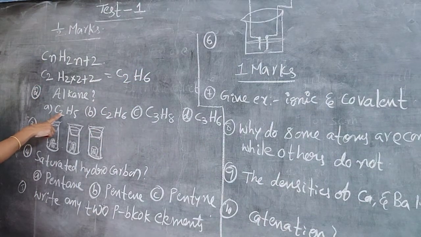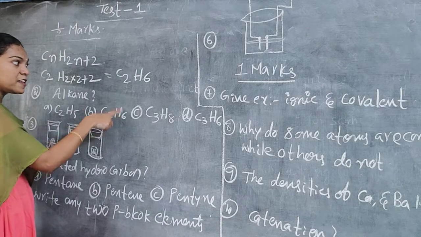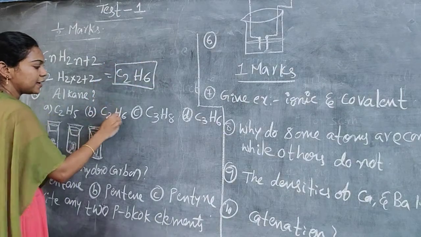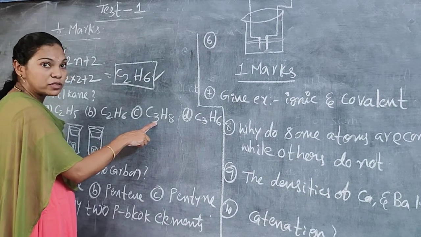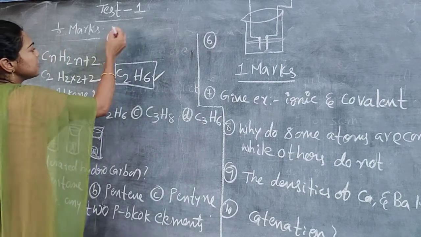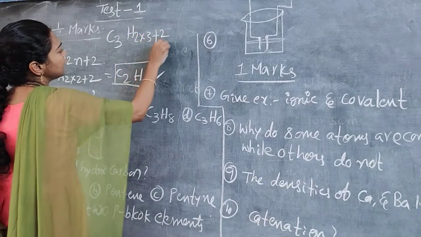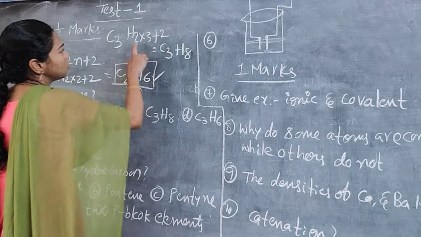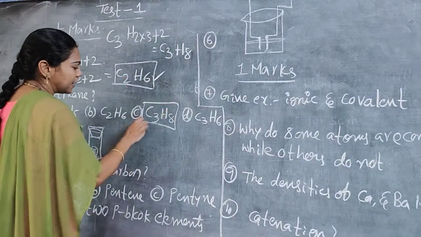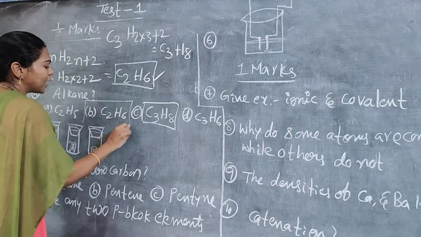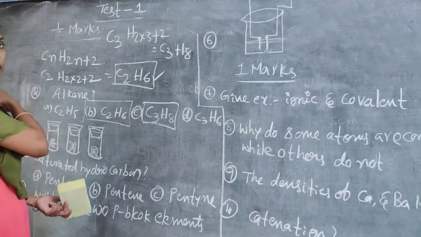So this is not an alkane. Then for option B, C2H6, yes, it is an alkane. Then for the third, n equals 3: C3, H is 2 into 3 plus 2, that equals C3H8. 2 threes are 6, 6 plus 2 is 8. So this is also an alkane. So option B and option C are both correct answers.